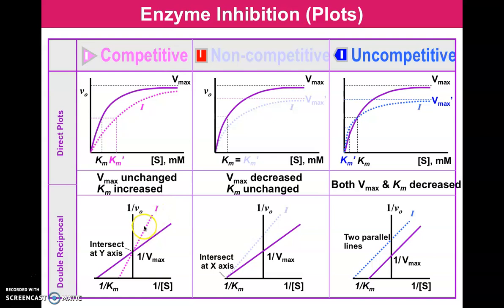So when you have a competitive inhibitor, the line will have a similar 1 over Vmax, right? So the intercept will be similar, but with a different slope.